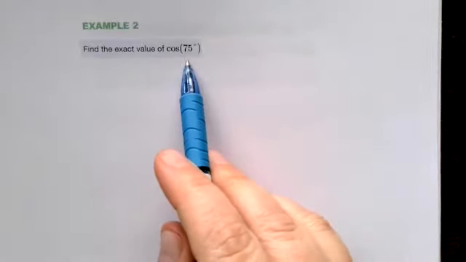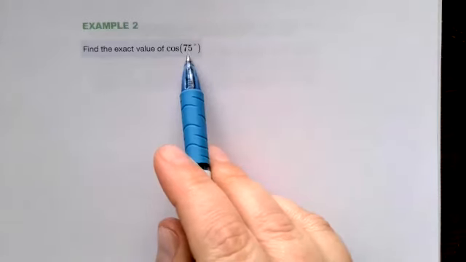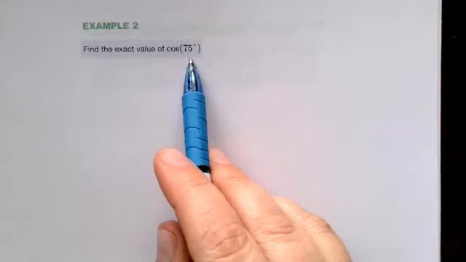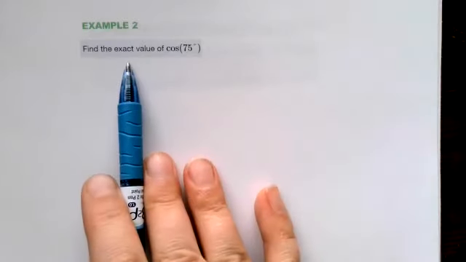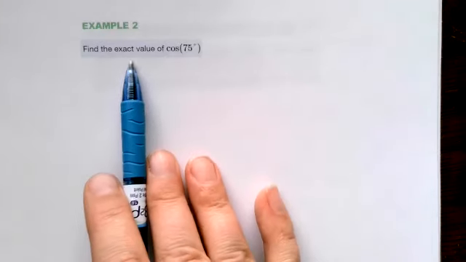And here it reads, find the exact value of cosine of 75 degrees. Now, we know that 75 degrees is not one of our standard values on the unit circle. So how can we find the exact value? We know that our calculator will only give us an approximate value.